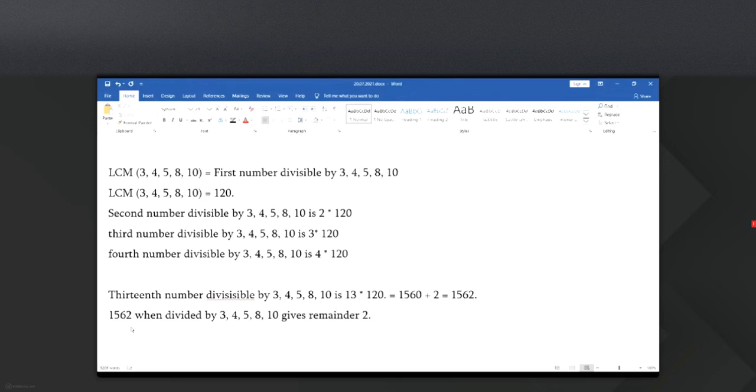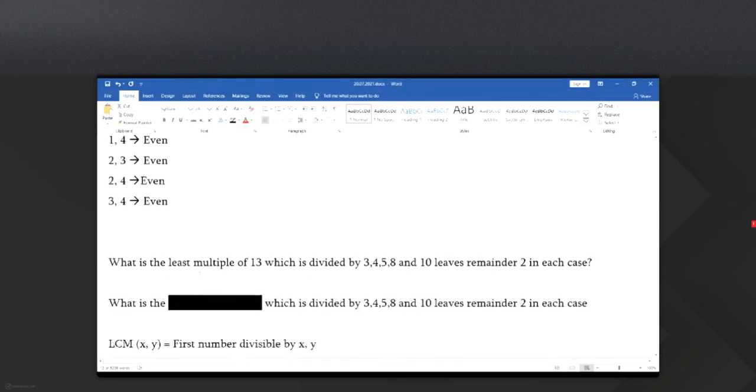Who says 1562 is divisible by 13? 1560 is divisible by 13. So 1562 divided by all these gives remainder 2. That is what the question says, right? What is the least multiple of 13 which, when divided by 3, 4, 5, 8, 10, leaves remainder 2 in each case.